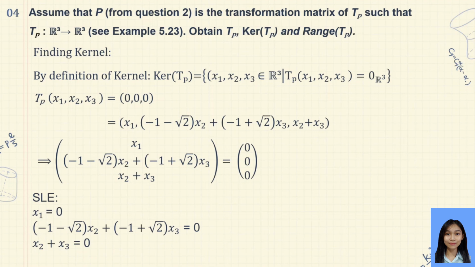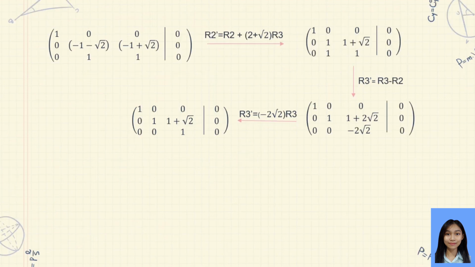Then we can get the system of linear equations: x1 equals 0, (-1 - √2)x2 plus (-1 + √2)x3 equals 0, x2 plus x3 equals 0.